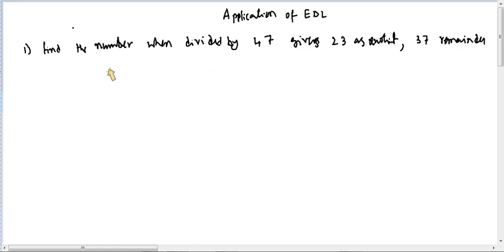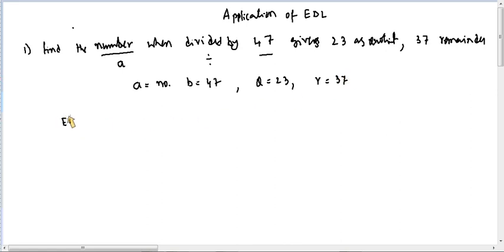Okay, now we have to find out a number. One number is given, dividend is not given. Let us say this is the dividend and a is equal to the number, and divisor will be 47 because a is divided by 47, and quotient will be 23 and remainder is 37. This is the given.